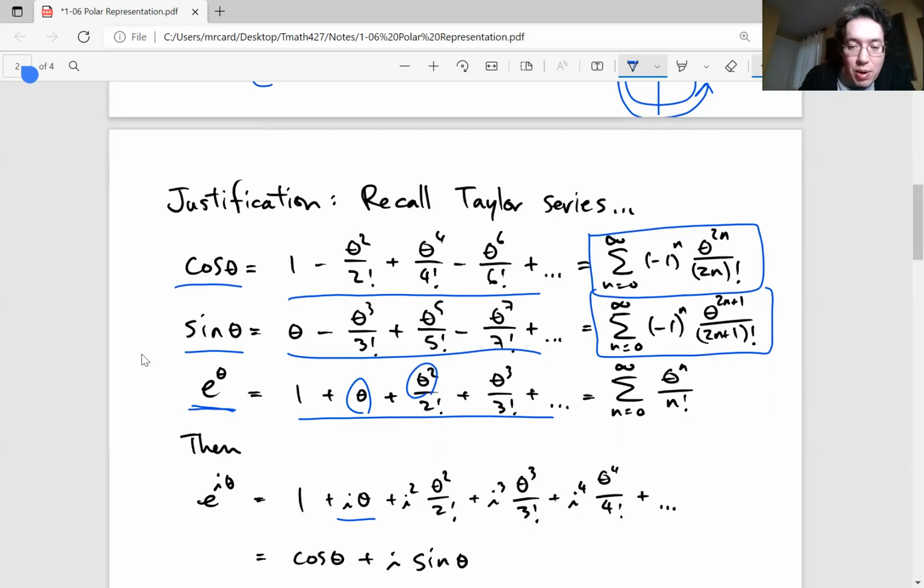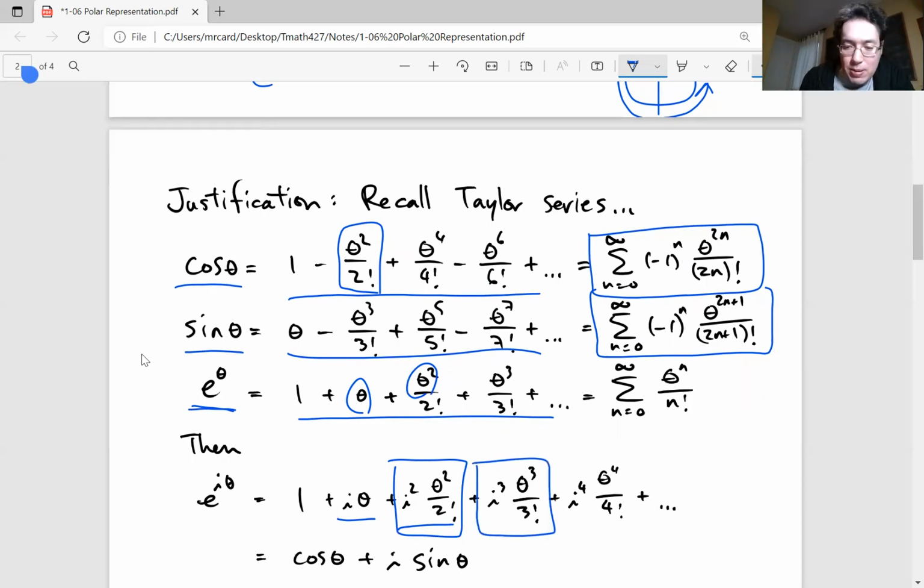So we get I squared theta squared over 2 factorial. Remember, I squared is -1. So this is actually a real number, and because it's negative, it's exactly the second term from the cosine series.